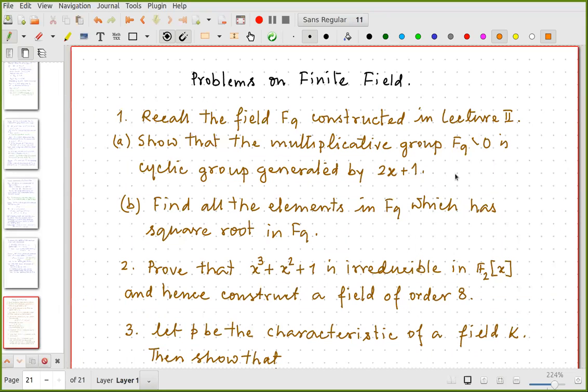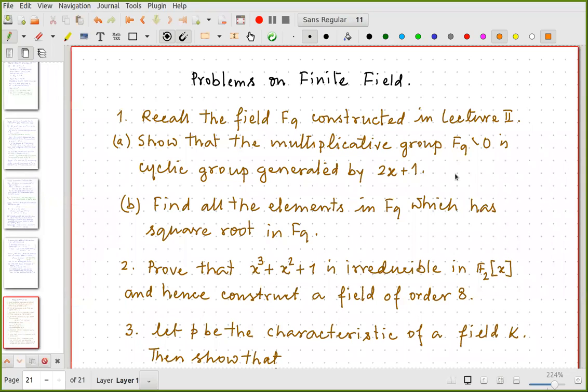But a priori getting a generator is a difficult problem. Even the algorithms, as I understand, are not very efficient. Given a large finite field, it's not easy to find the generator of this cyclic multiplicative group of non-zero elements.